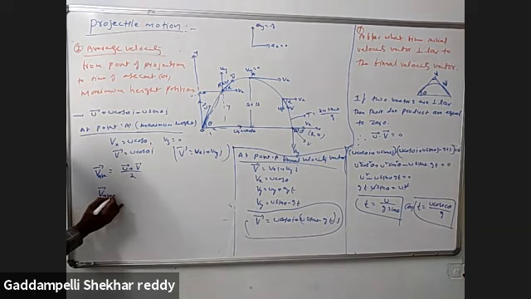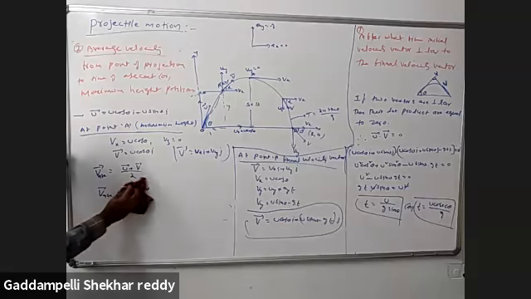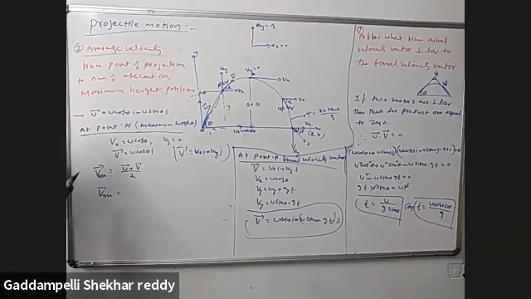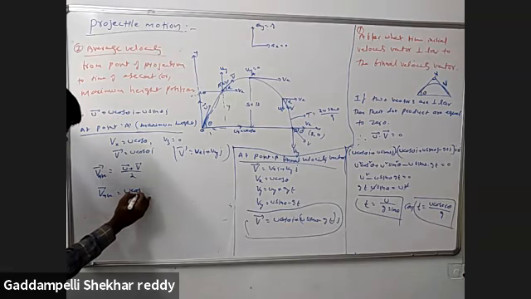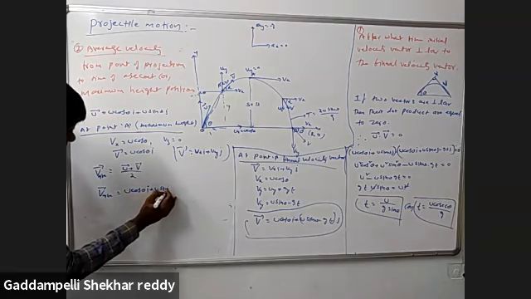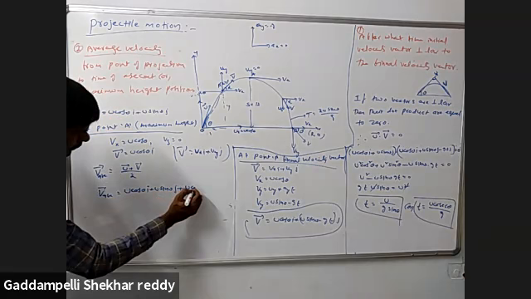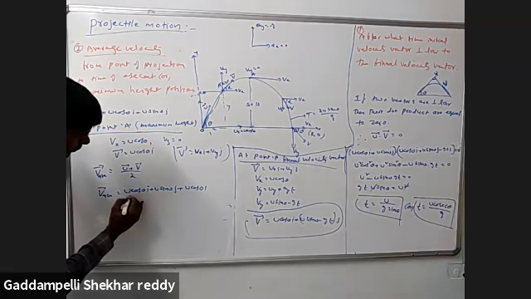V average: u cos theta i plus u sin theta j plus V bar, u cos theta i, by 2.